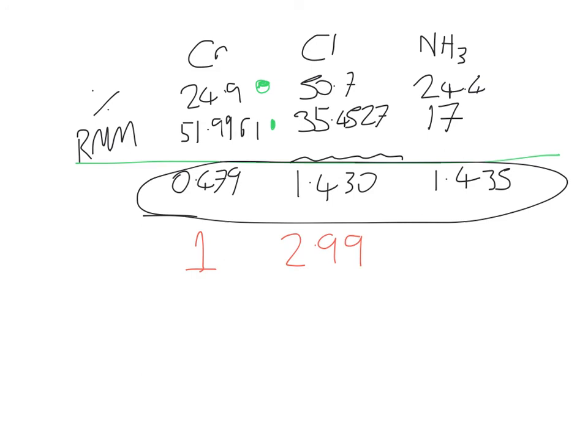Looks a lot like three chloride ligands. Yeah, I could believe that. And if we take 1.435 and divide that by our smallest number, we get, to 2 decimal places, 3.00. So that's good. What we found then is we have a chromium atom, 3 chloride ligands, and 3 coordinated ammonia molecules.